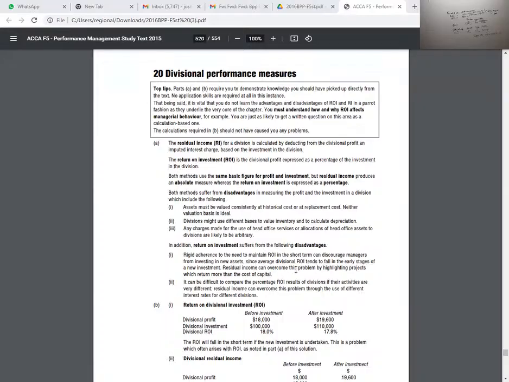Since average divisional ROI tends to fall in the early stages of a new investment, residual income can overcome this problem by highlighting projects which return more than the cost of capital. It can be difficult to compare the percentage ROI results of divisions if their activities are very different. Residual income can overcome this problem through the use of different interest rates for different divisions.